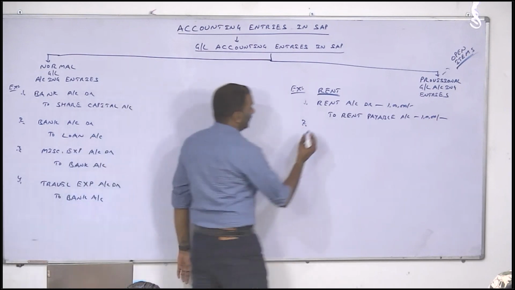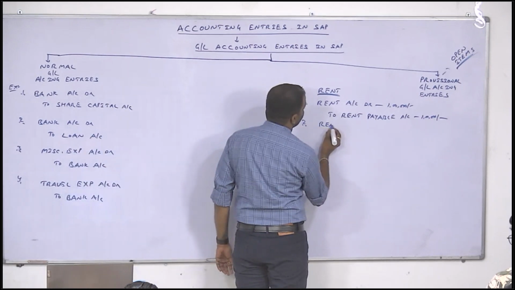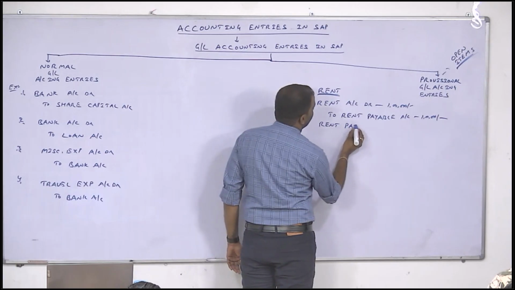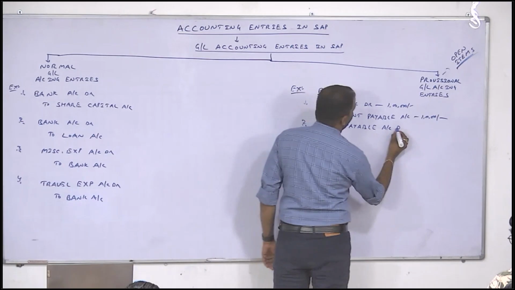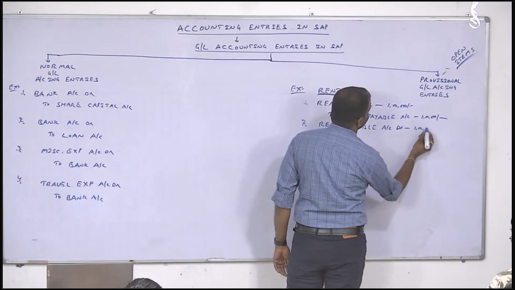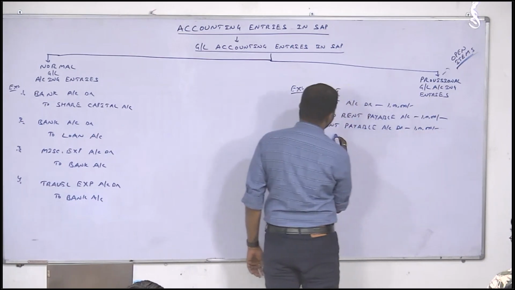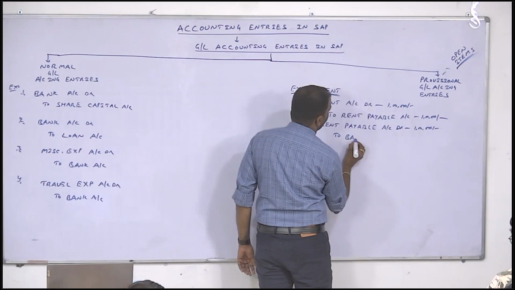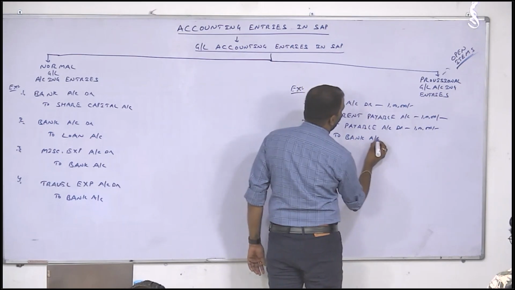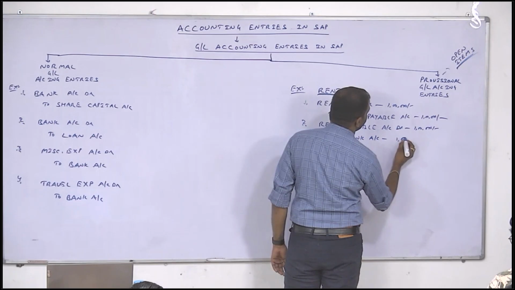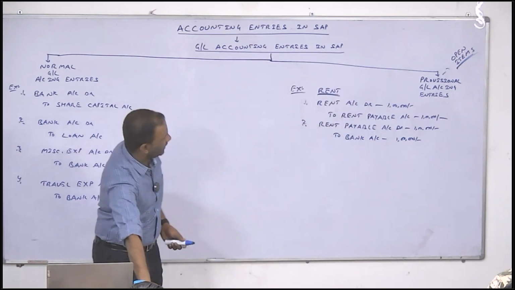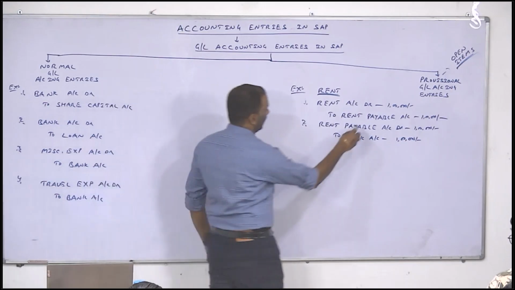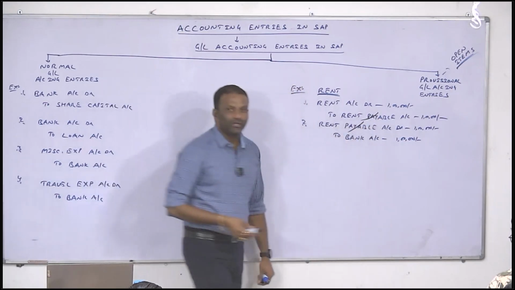Rent payable account debit to bank account, how much? 1 lakh. So here, if you clearly observe, rent payable will be knocked off.